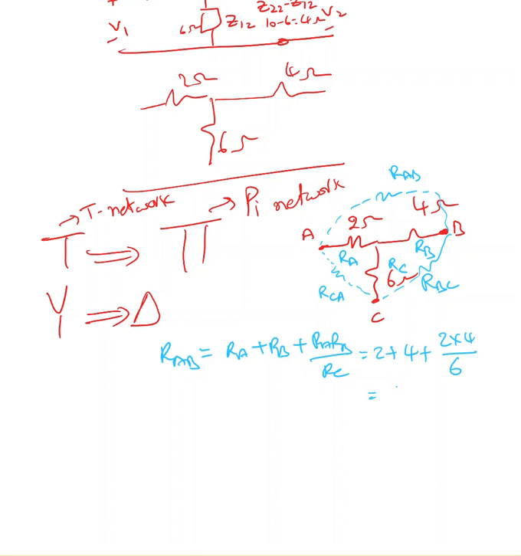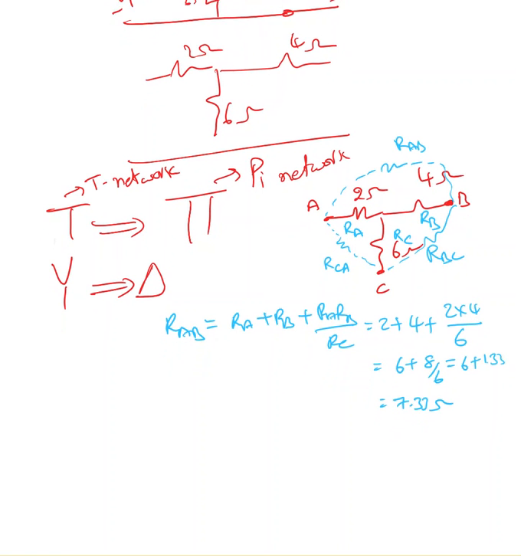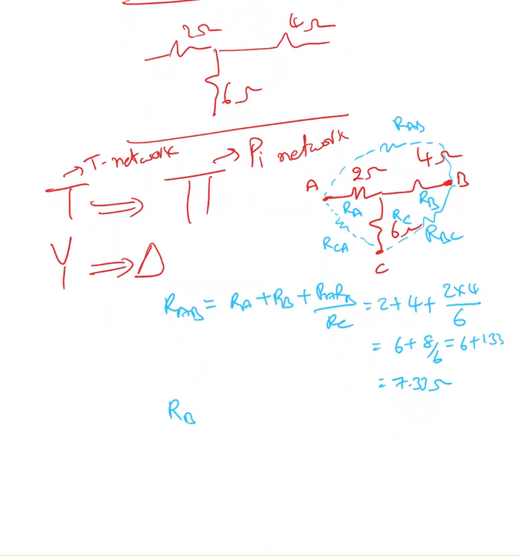So this is 6 plus 8 by 6, that equals 1.33. So 6 plus 1.33, that is 7.33 ohm. That's RAB.